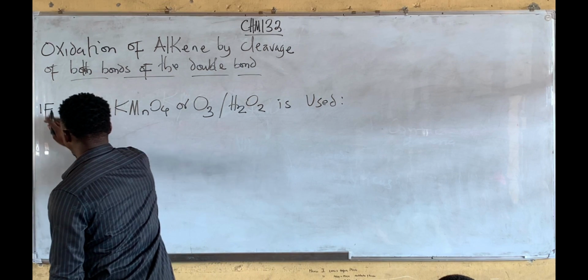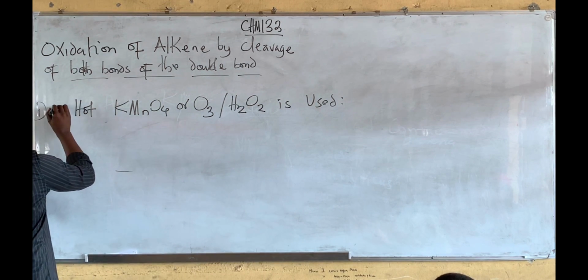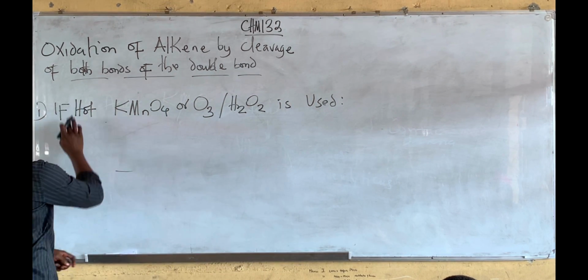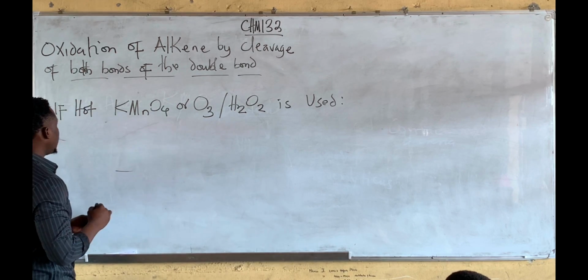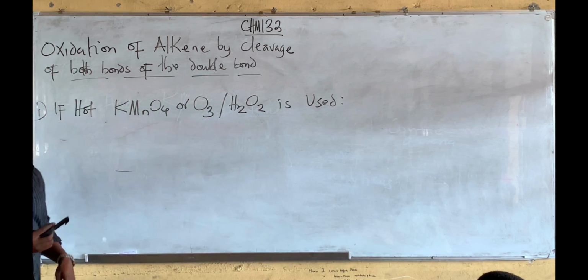now let's see the effect of this reagent on an alkene. How is it going to convert the alkene to the product?